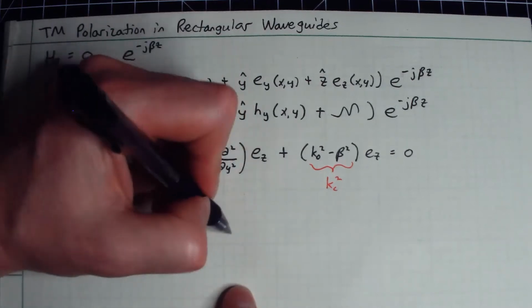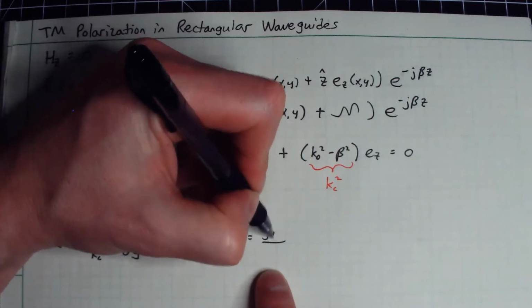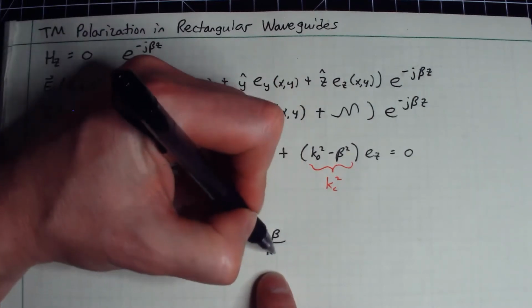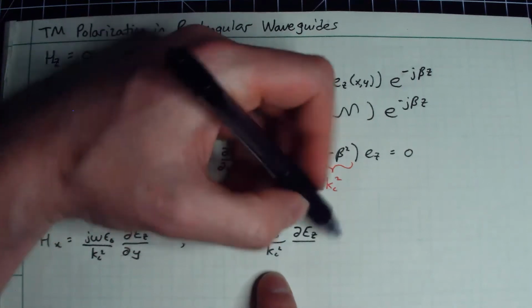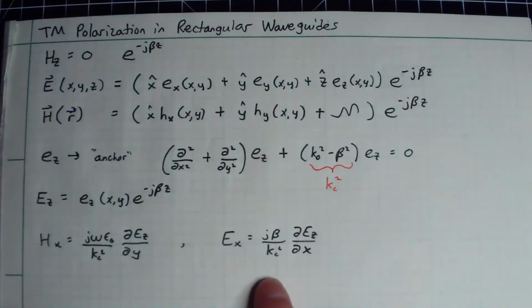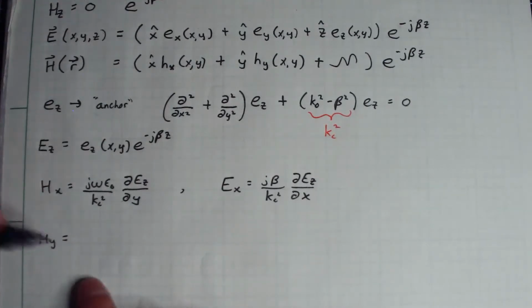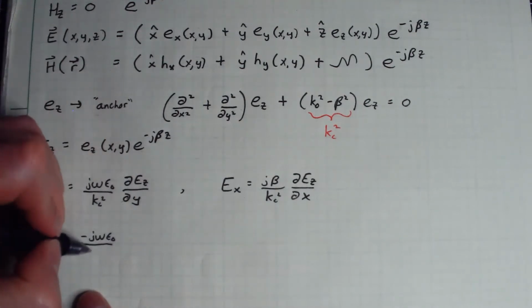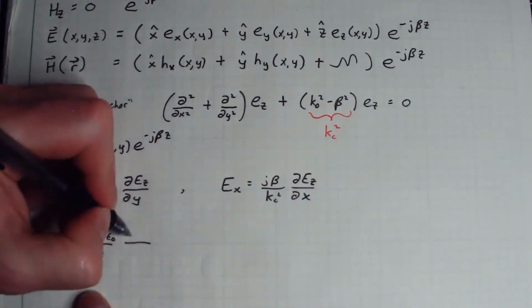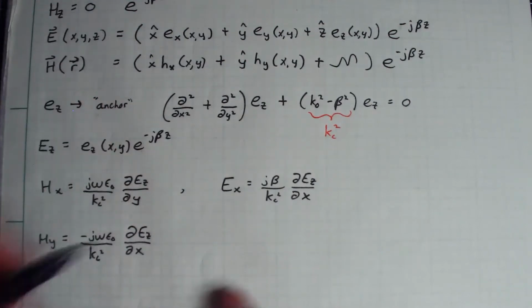And then I'll have an e sub x here was equal to negative j beta over k sub c squared times my partial e sub z with respect to x. And then I had an h sub y is equal to negative j omega epsilon naught over k sub c squared partial e sub z with respect to x.